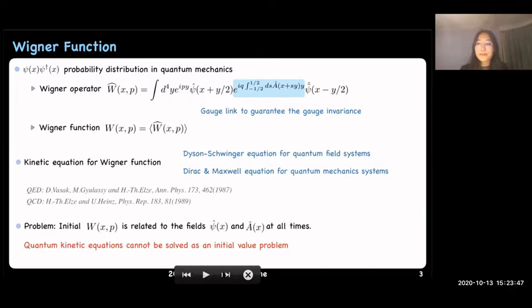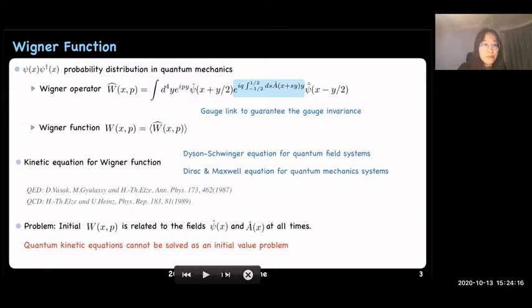And the Fourier transformation is performed with respect to the relative coordinate, so you can have the center of mass coordinate and the momentum at the same time. If the system is placed in an external background field, there is also a gauge link to guarantee the gauge invariance of the Wigner operator. And then the Wigner function is the ensemble average of the Wigner operator.